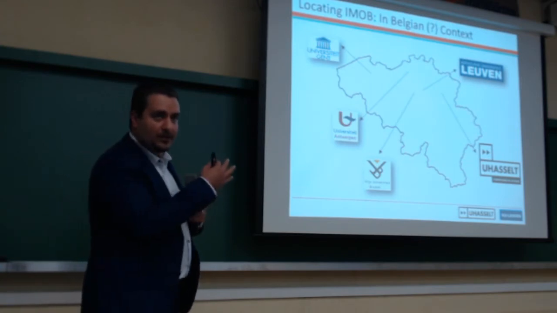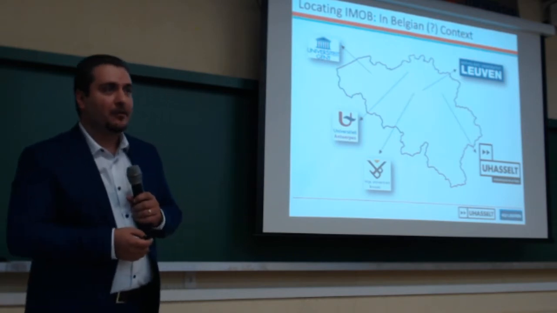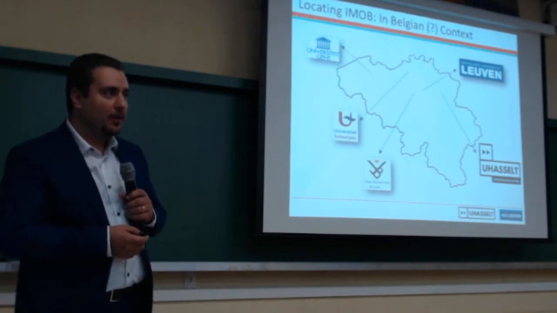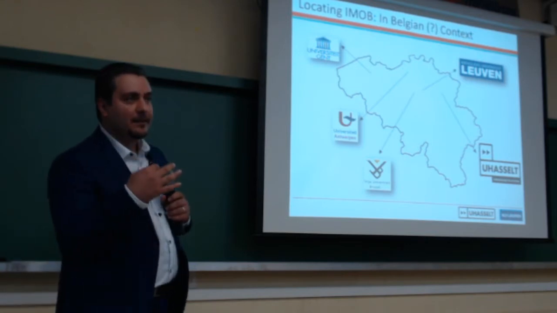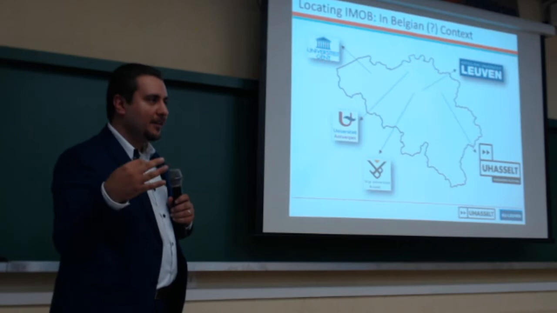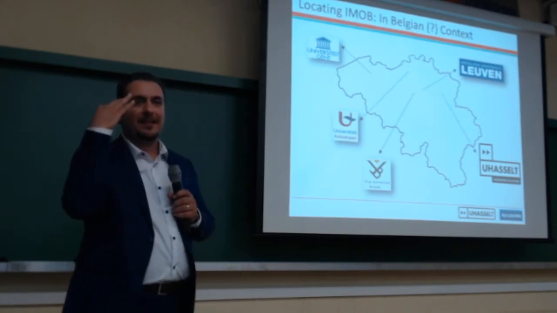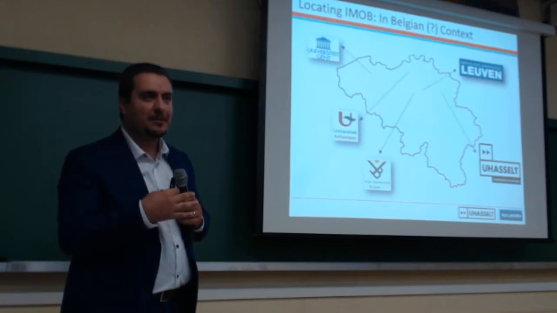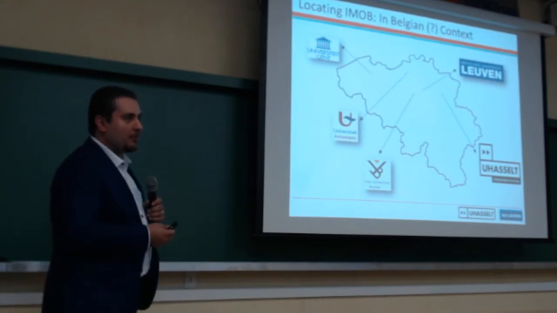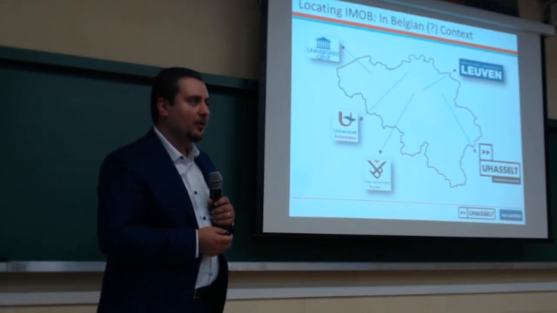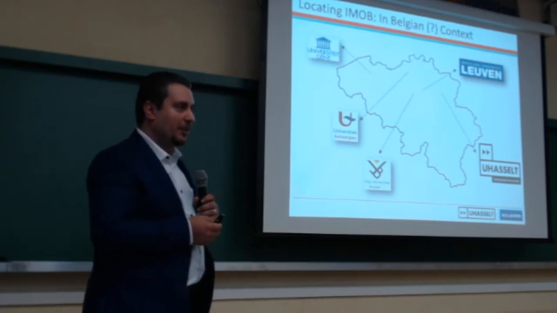You can see that all these universities are located in Flanders, the Dutch-speaking northern part of Belgium. The reason is that, unfortunately, just like the political divisions between the Dutch-speaking part and the French-speaking part, there is not much collaboration with the universities in the southern part of the country.